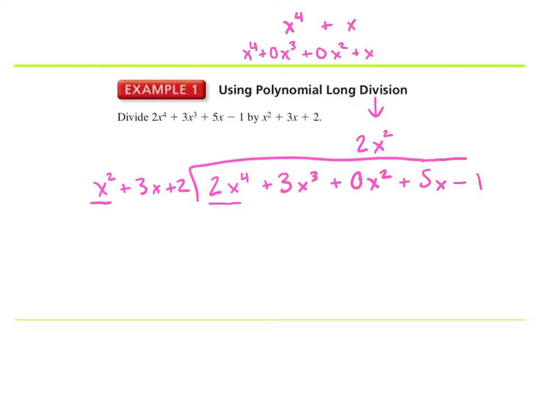Now we multiply what's on top with what's outside. So we're multiplying these two together. So 2x squared times x squared is what? 2x to the 4th. Now we have 2x squared times 3x.